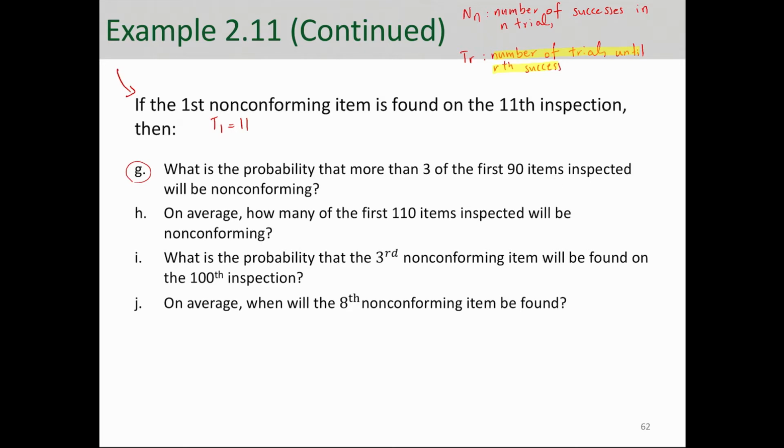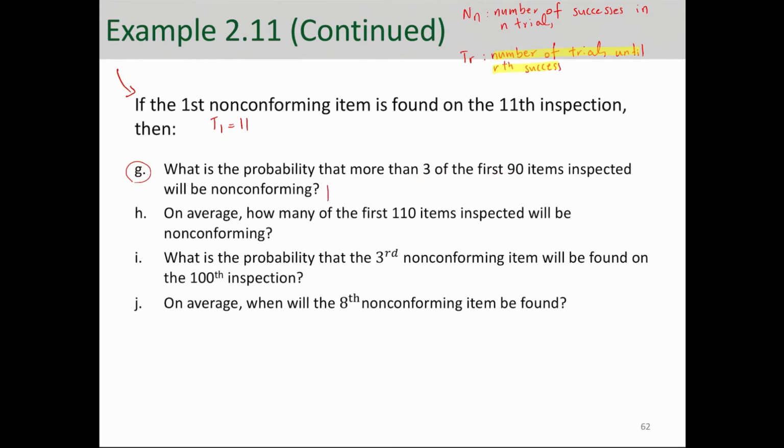It doesn't ask us to find the third on the 90th inspection or anything like that. If you look at these two definitions, what is being asked here is binomial, the number of successes in n trials. 3 successes, in fact, more than 3 successes in 90 trials.